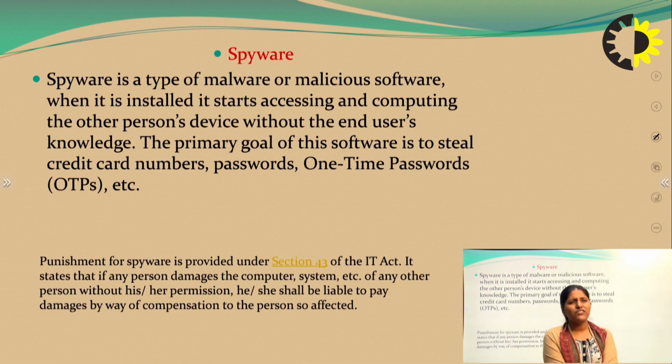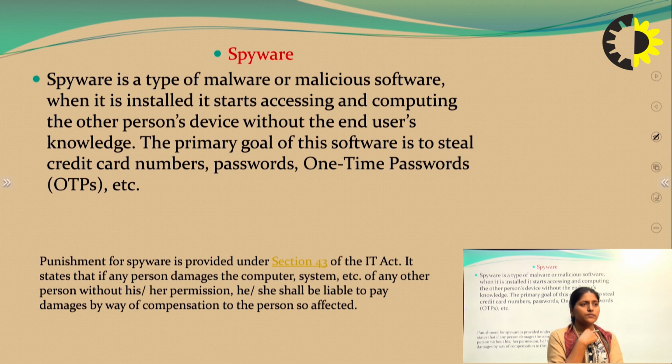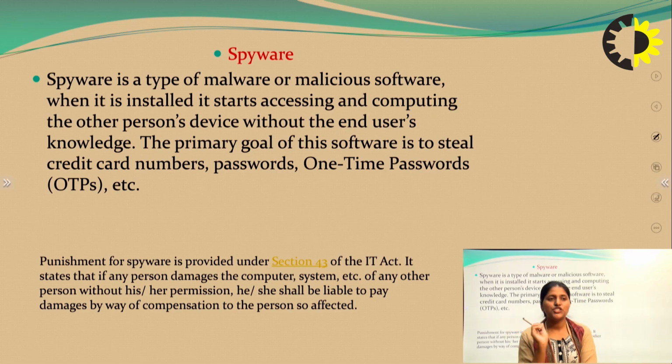Then we are talking about spyware. Spyware is basically a software or malware that the hacker is using. When the hacker installs some suspicious malware, some software, on the system, the user is unaware of those things, because it will steal the person's information, and the user is unaware that someone has installed it and their sensitive data is leaked.